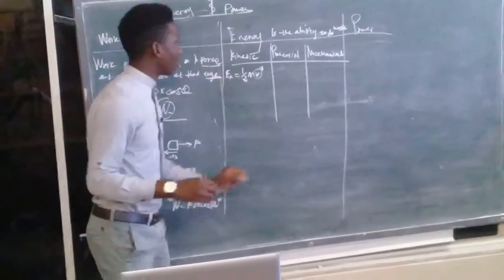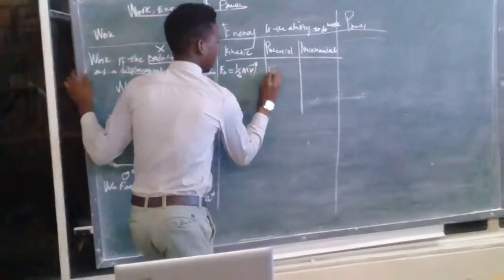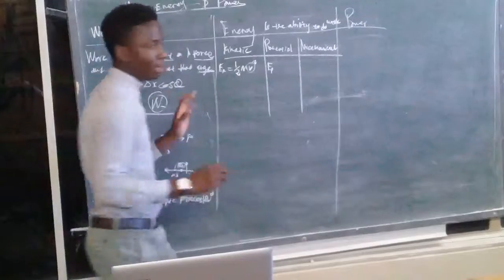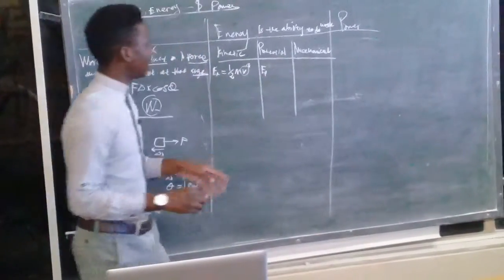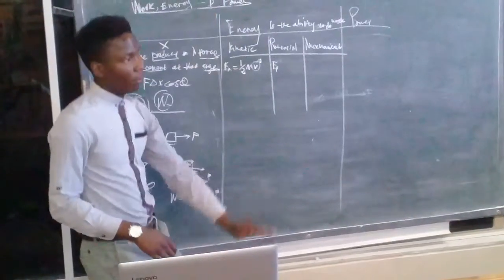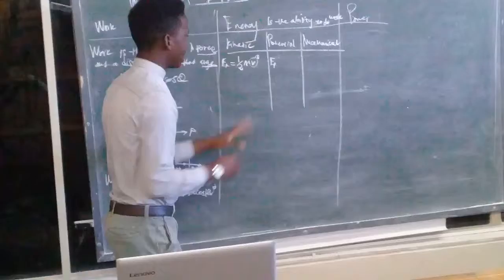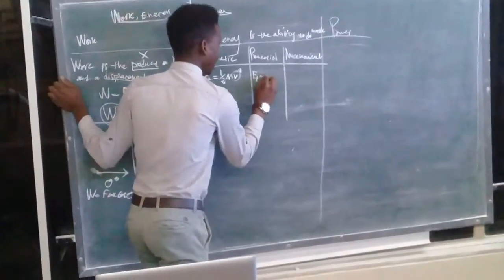Now let's just come to the potential energy. The potential energy, I can abbreviate it by EP. And then potential energy, I can say it deals with the height.